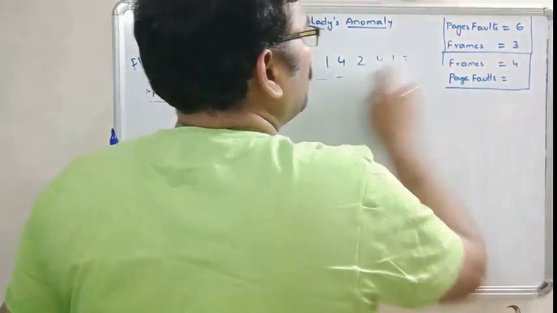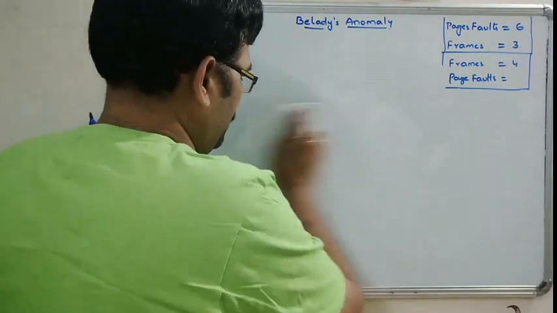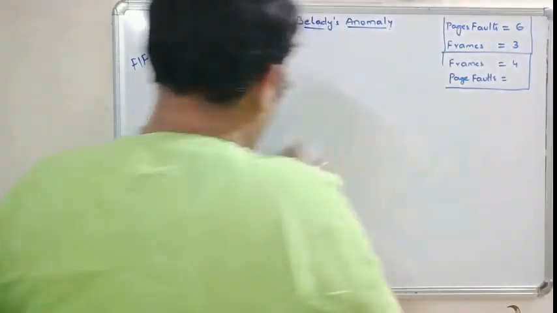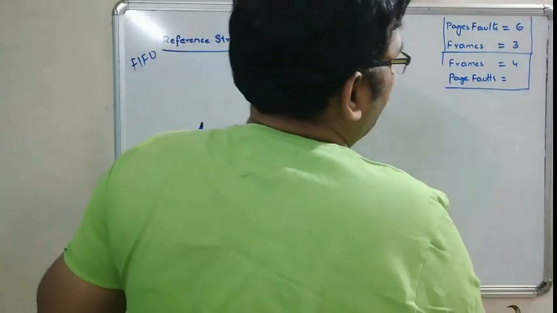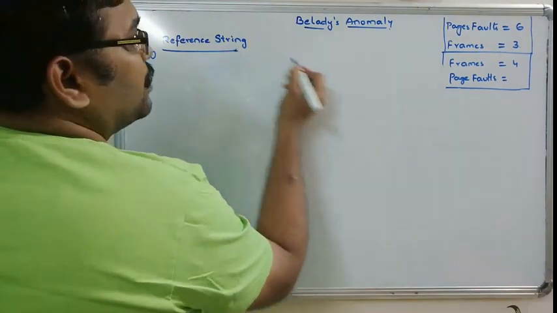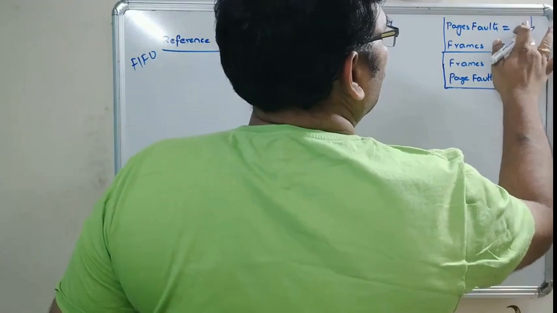So we will take one more reference string and apply FIFO with a smaller number of frames, then increase the frames and observe how much we get.